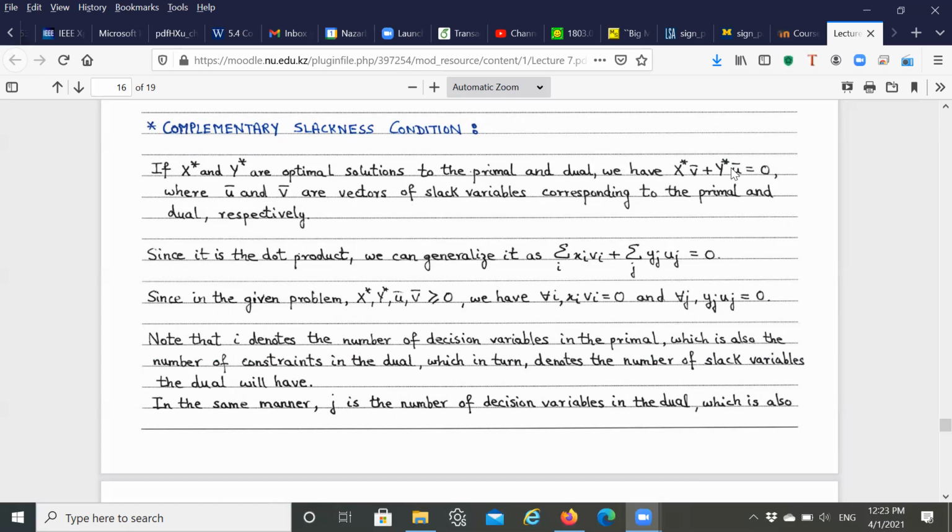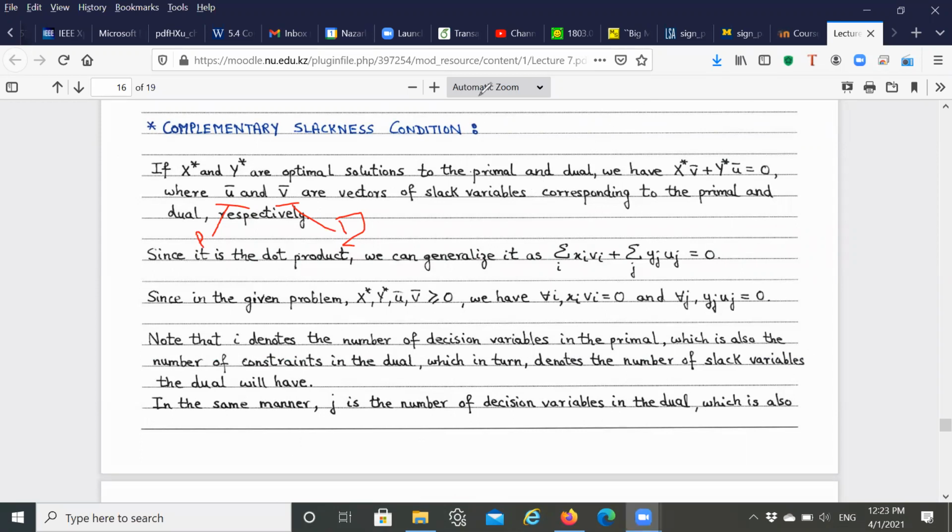The U vector is the vector of slack variables in the primal, denoted by P, and V is the vector of slack variables in the dual, denoted by D. So if I take the optimal solution of the primal and multiply it with the slack variables of the dual, plus the optimal solution of the dual multiplied with the slack variables of the primal, it would always be equal to 0. Clear?